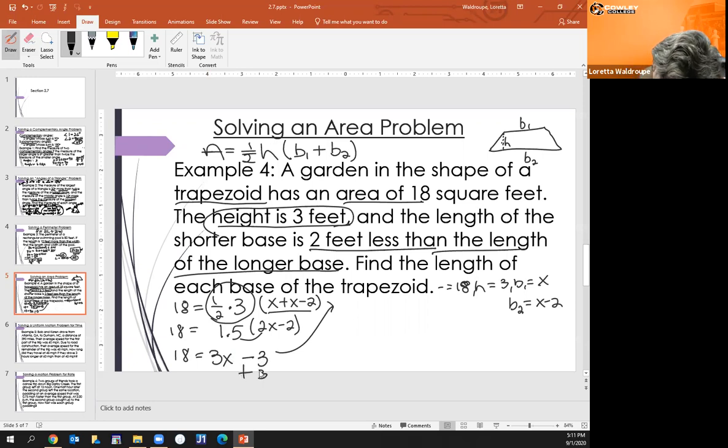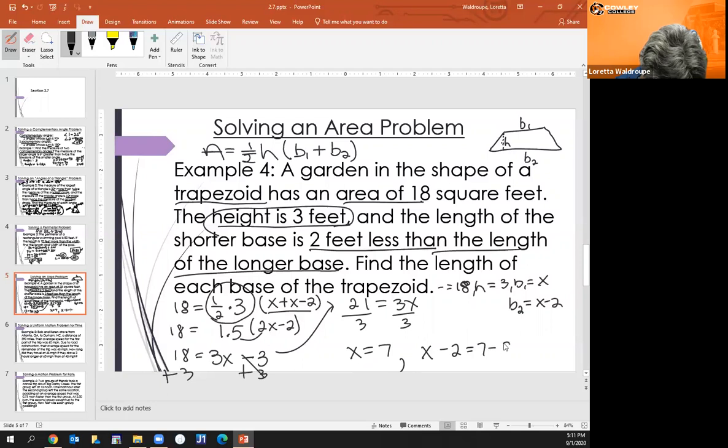So add my 3 to both sides. So 21 equals 3x. Divide by 3. X equals 7. And then the second base is x minus 2, or 7 minus 2, which is 5. So our two bases are 7 feet and 5 feet. And that's the end of your first lecture for 2.7.